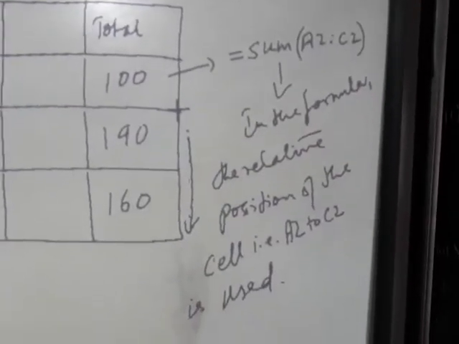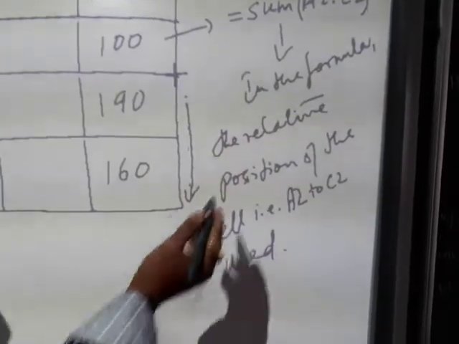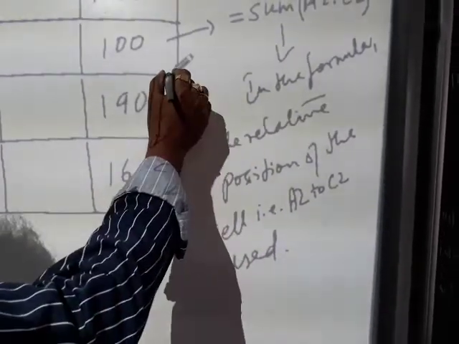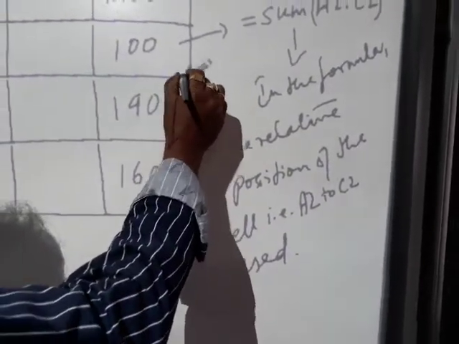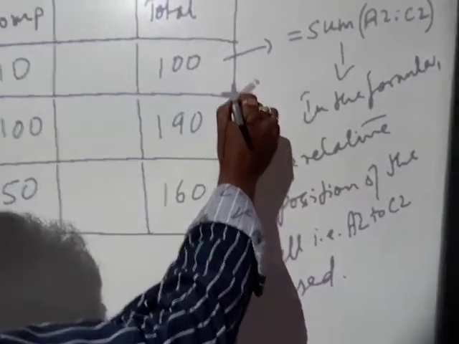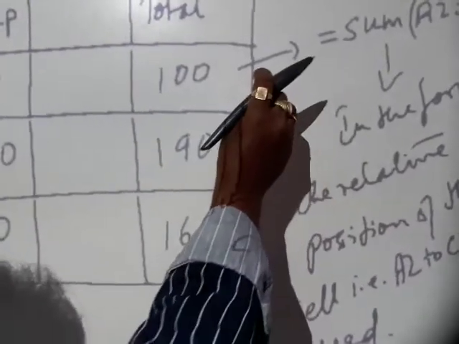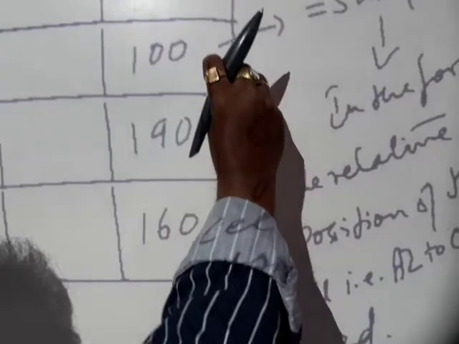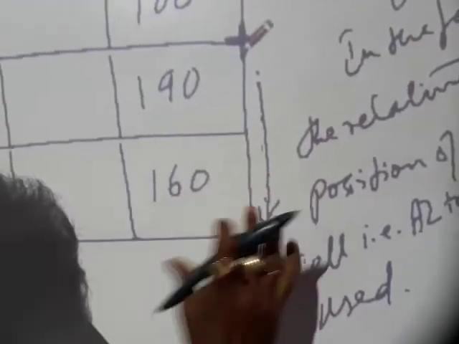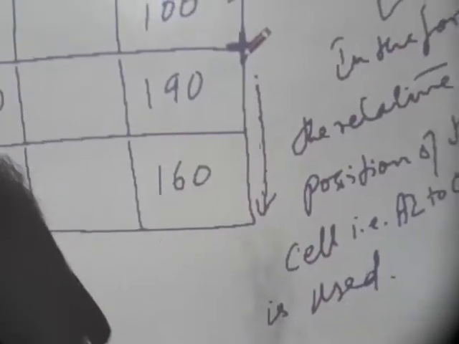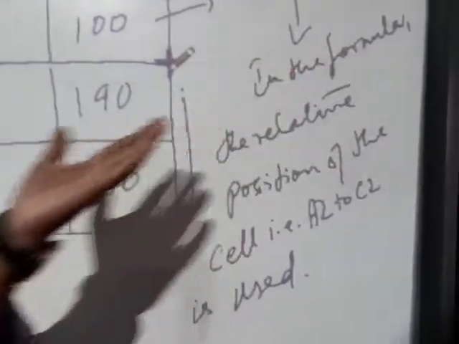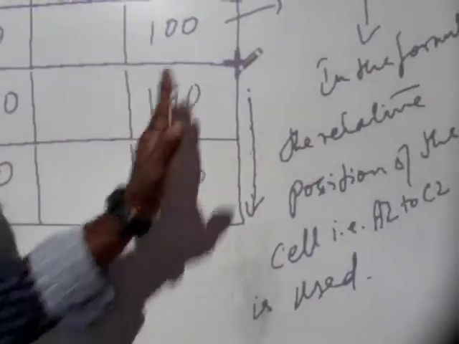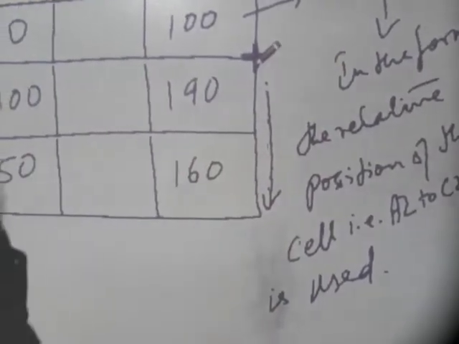And then when this particular formula is copied using a fill handle, that is the dark plus sign, you left click your mouse button, drag it down and release it. What happens? The formula gets copied into the corresponding cells.